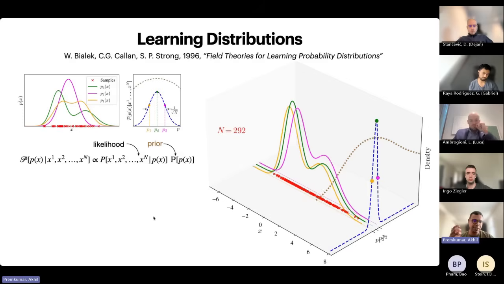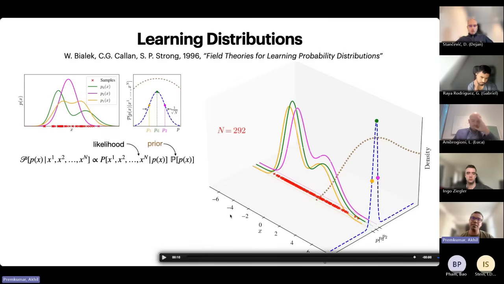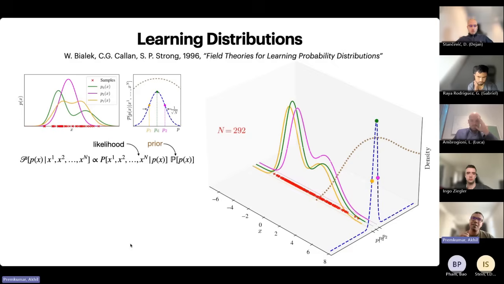So the prior here is just a pool of candidate distributions from which we draw these colored lines, which are the candidates. And for example, if you want to choose a prior which only has sufficiently smooth distributions, then you're basically restricting yourself to candidate distributions that have that property, right?